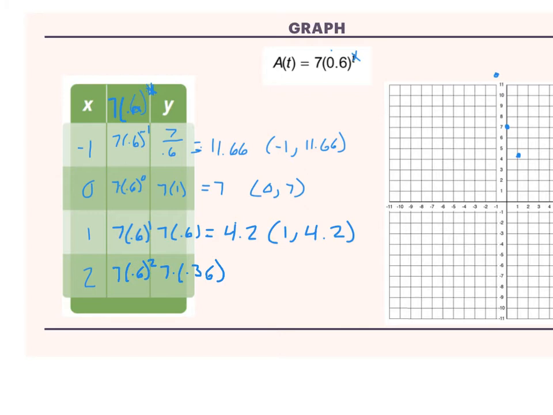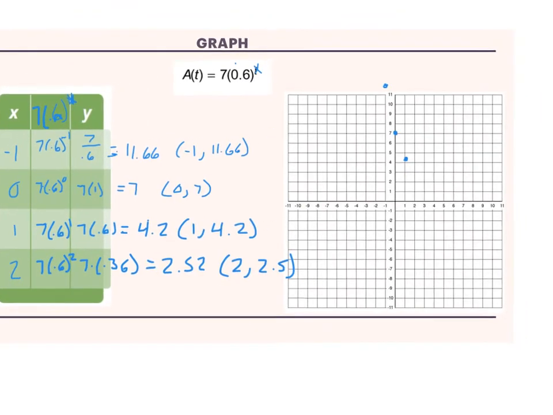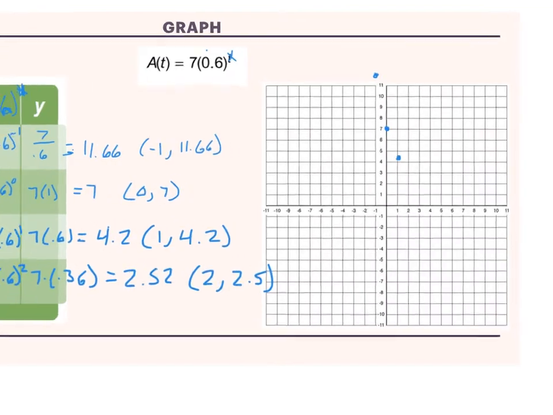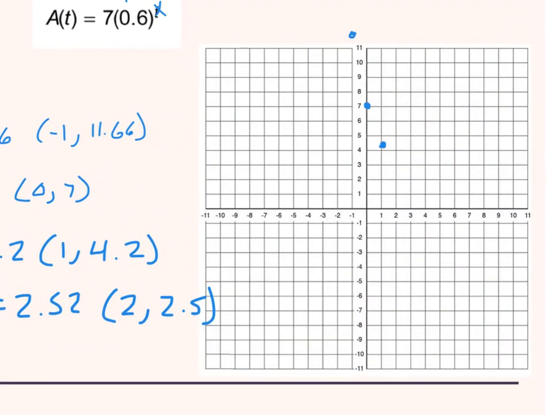And now we just multiply 7 times 0.36, which gives us 2.52. So when we plug in 2, we get 2.5. So we're going to go to our graph, we're going to go to the right 2 and up 2.5. So our graph here is going to look like this.